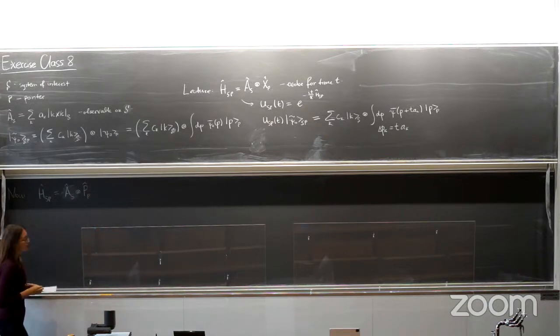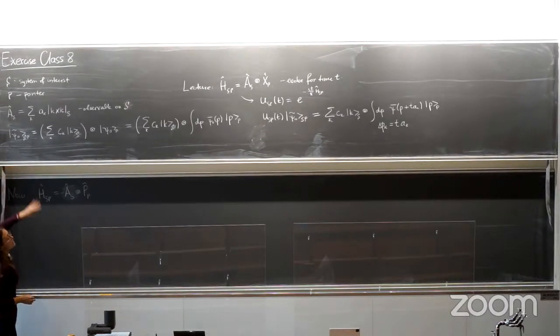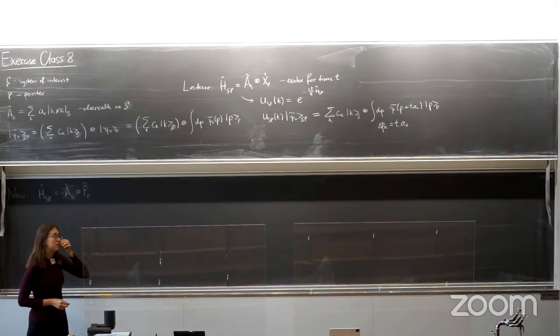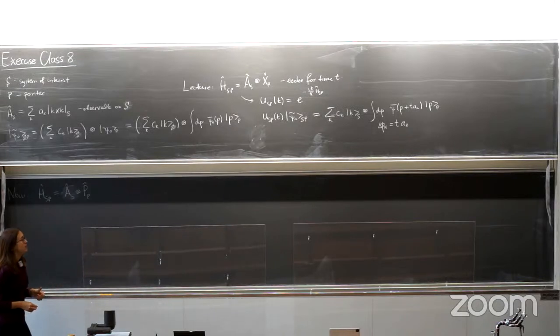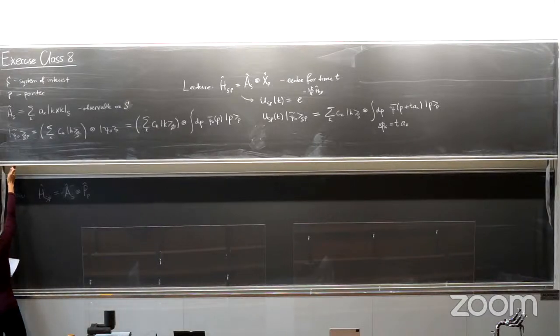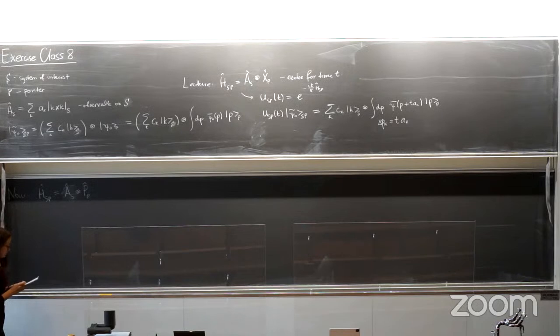So by the analogy here, you can already make a guess that we will get something similar, but while there we coupled to the shift in the momentum, here we would couple to the shift in the position. And so basically what we're going to do now is go again through the steps that went in the lecture, and please slow me down and ask questions if any step is not clear.